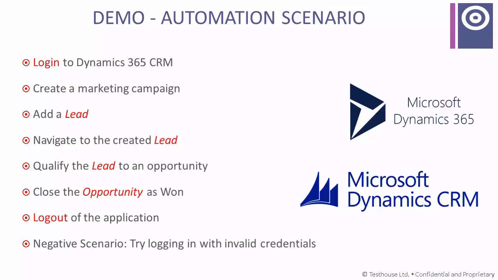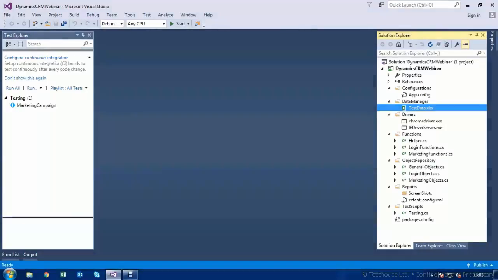We'll be adding a new lead, navigating to that created lead, qualifying that lead as an opportunity, closing that opportunity as a won scenario, and logging out of the application. Just to show you how our framework can handle the negative scenario, we have included a negative scenario with invalid credentials. So let me move on to the demo.